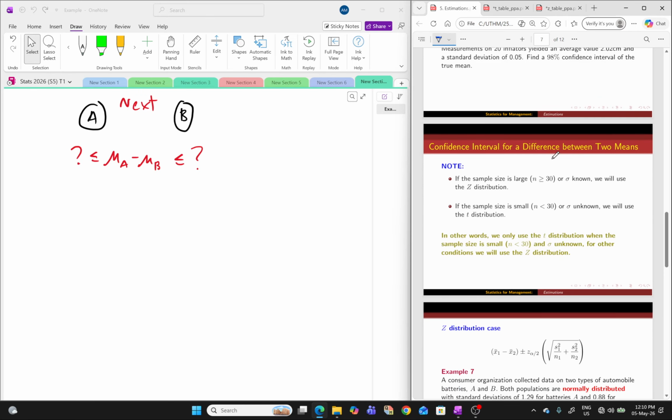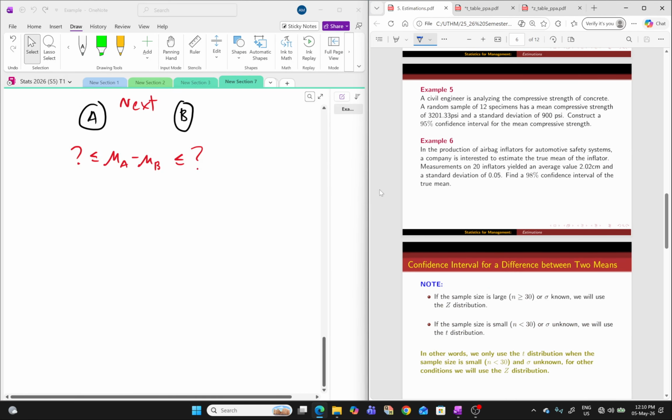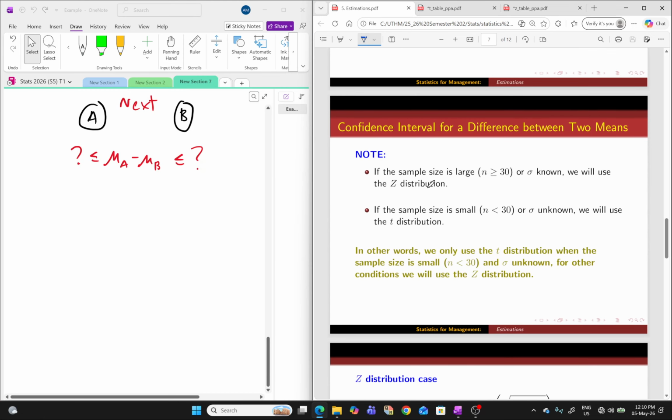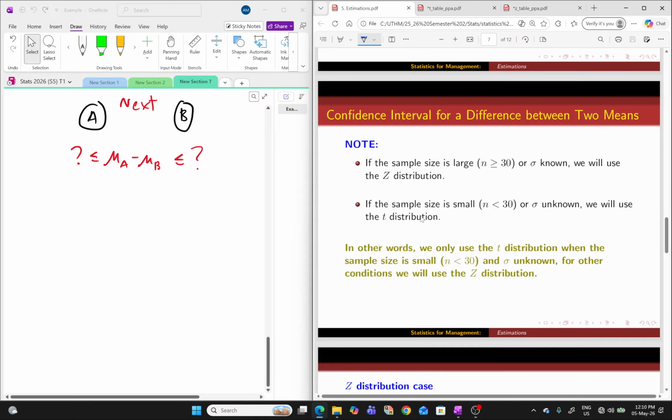So this is some note I give you here. You can read yourself. If the sample size is greater than 30 or the population standard deviation is known, we use Z table. If less than or unknown, we use T table.